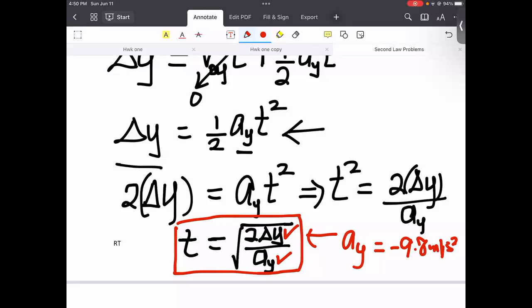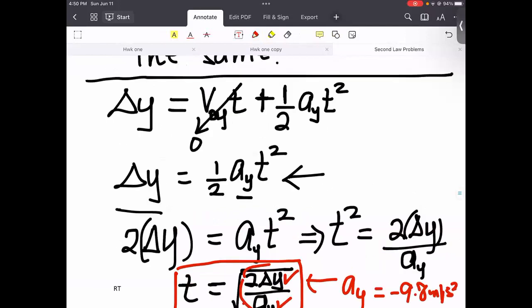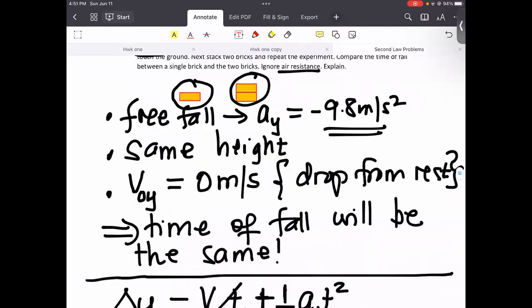So the negatives cancel out and you end up with time as a positive number. Everything inside the square root will be positive because delta y is negative and a_y is negative as well. So that's it for this problem.